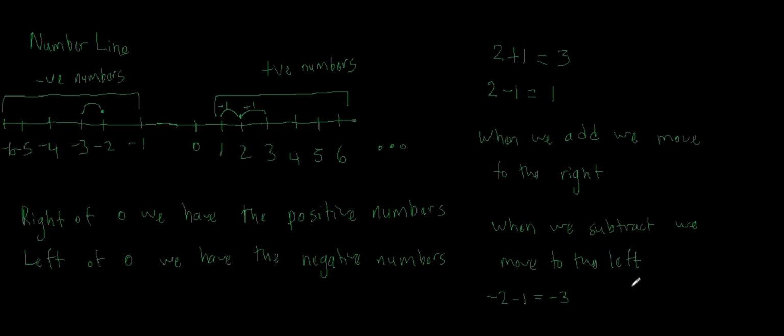Now let's say I'm at negative 4 and I add 2. The rule says when we add, we move to the right. So if I'm at negative 4 and I add 2, one space, I would be at negative 3. The next space, I would be at negative 2.